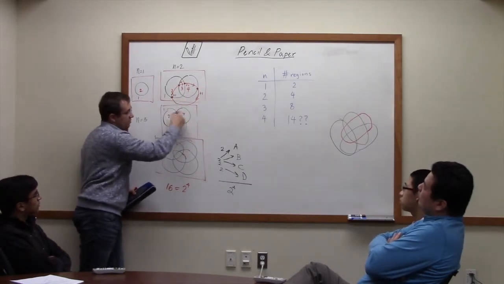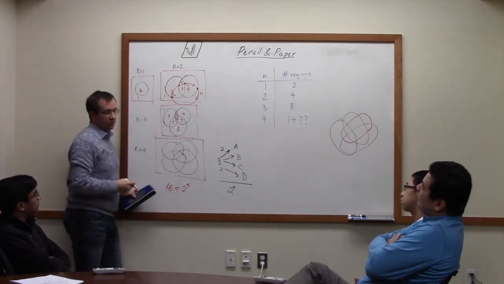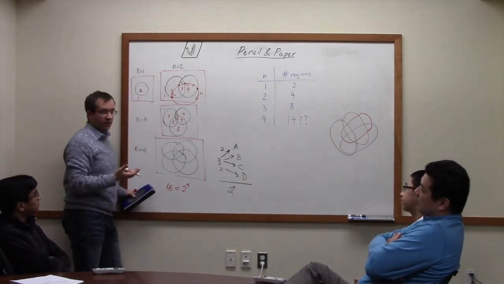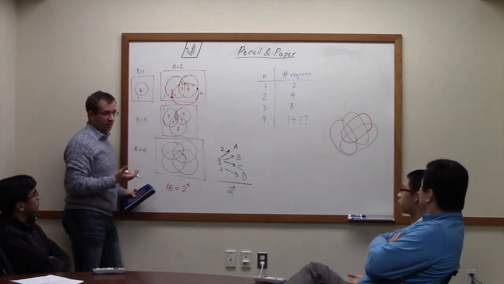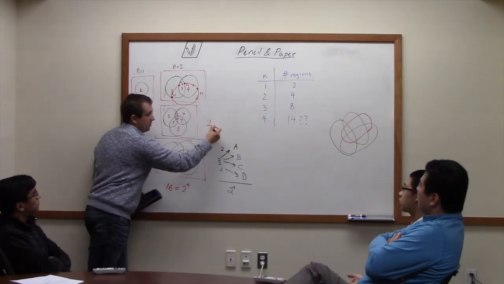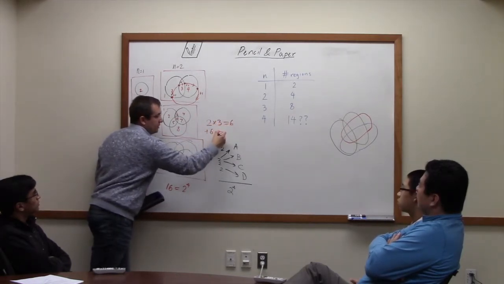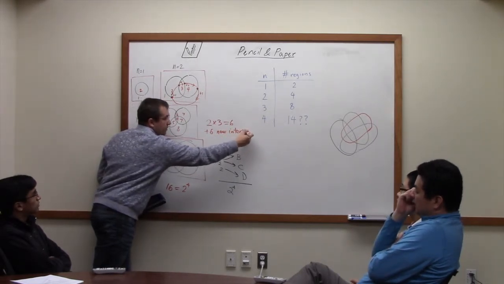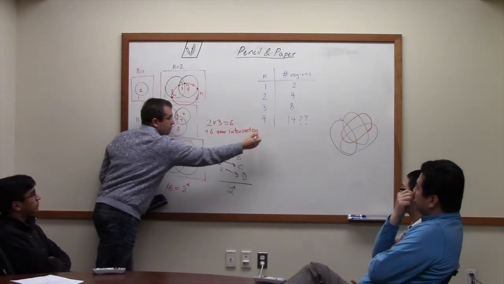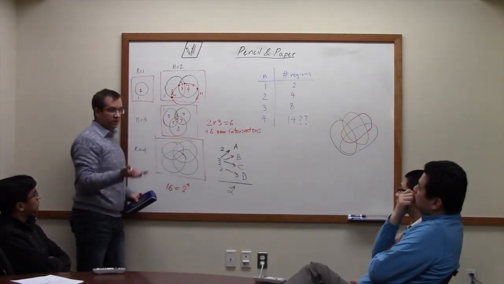If I try to draw a circle here, how many new intersections do I create? We can only intersect a circle twice, so it's 2 times 3 equals 6. So +6 new intersections on this new circle, which means I'm creating 6 new regions.